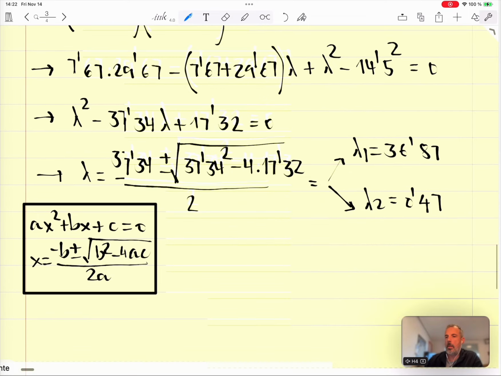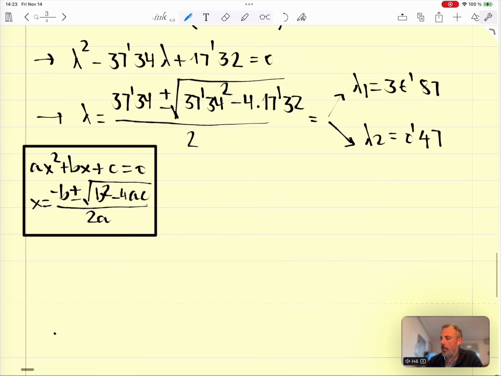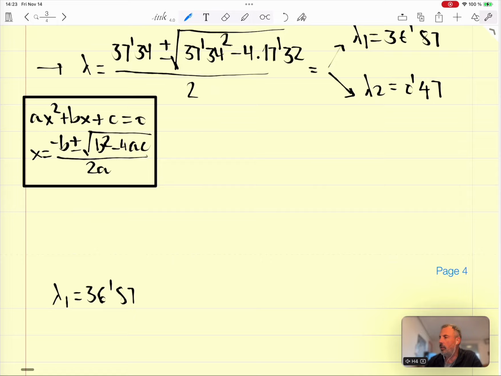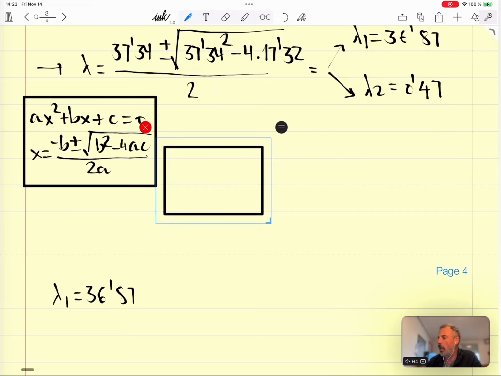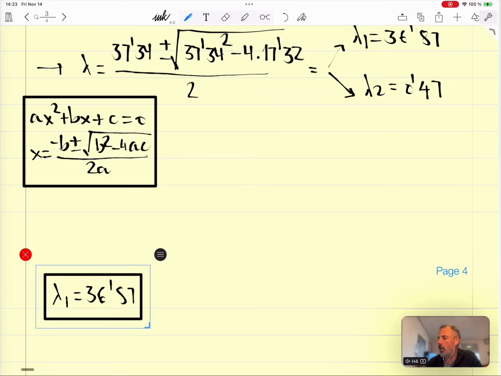No? Then if you take, let's say, lambda 1, we're not ready yet because we are looking for the eigenvectors, not the eigenvalues. So if you take lambda 1, which is 36.87, this will take us to the equation A times v1 equals lambda 1 times v1.